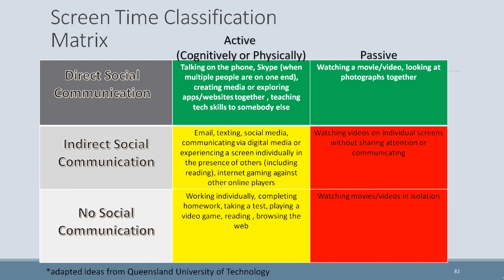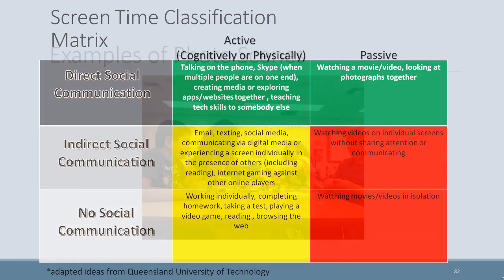And based on earlier content in this presentation, we should understand that active indirect social communication, that section should be red for a toddler or preschooler. I'll talk more about the American Academy of Pediatrics recommendations in just a moment.